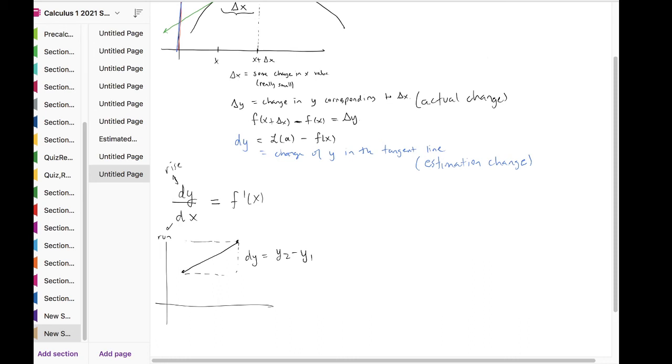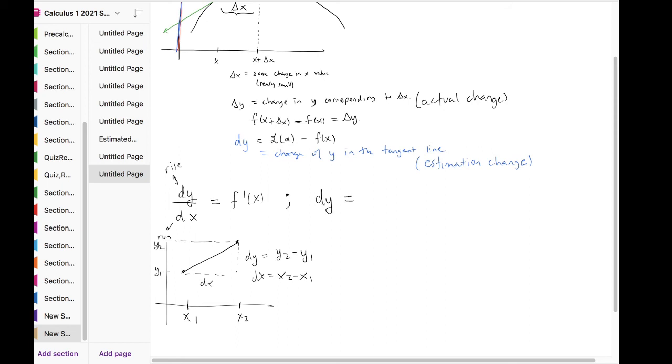So that's y2. This is y1. And then dx is x2 minus x1. And that's precisely what a slope is. So what does that mean about dy?